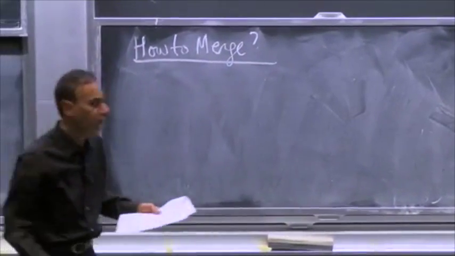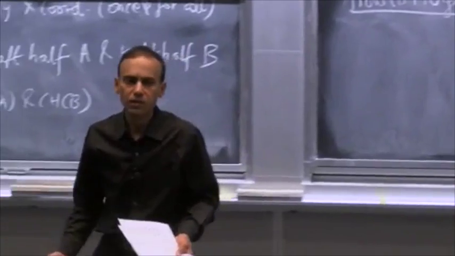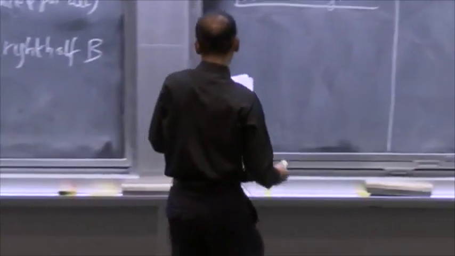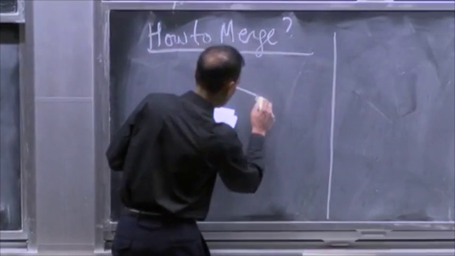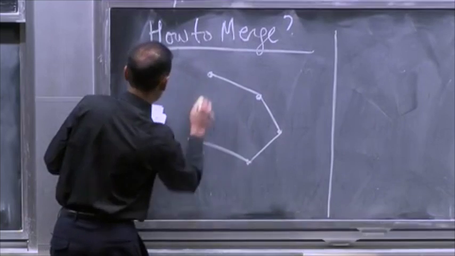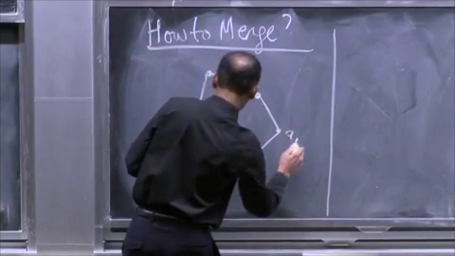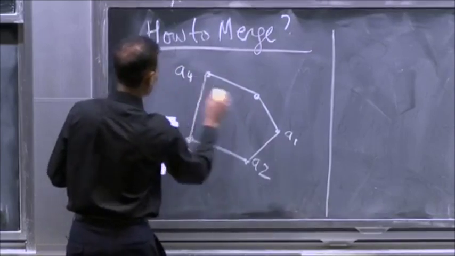Right. So what I have here, if I look at the merge step, is I've created my two subproblems corresponding to these two half planes. And let's say I've generated at this point a convex hull associated with each of these subproblems. So what I have here is A1, A2. I'm going to go clockwise to specify the convex hull.